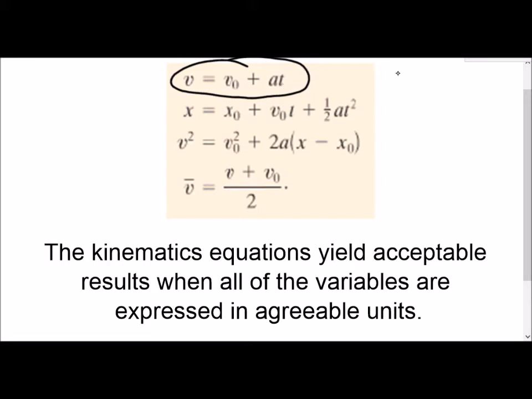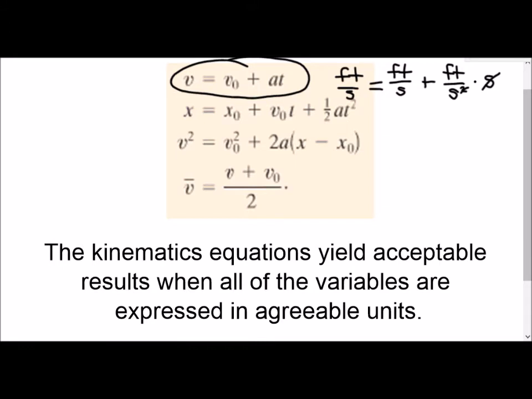If the initial velocity is, say, given in feet per second, and the rate of acceleration is in feet per second squared, and the time that it's been accelerating for is in seconds, well, this is going to give me a pretty logical answer, because this seconds will cancel out with one of those seconds. When I do that multiplication, I'll be adding together feet per second, and I'll end up with an answer that is in feet per second.